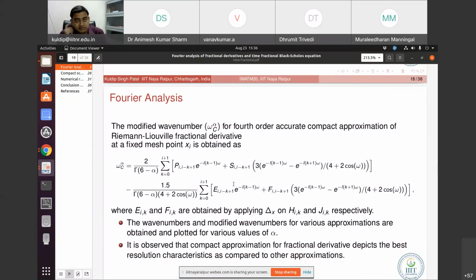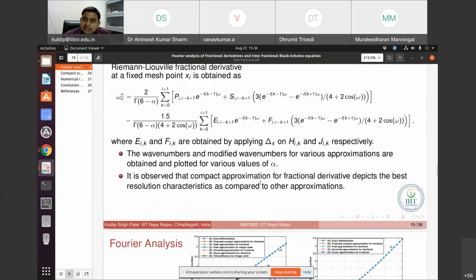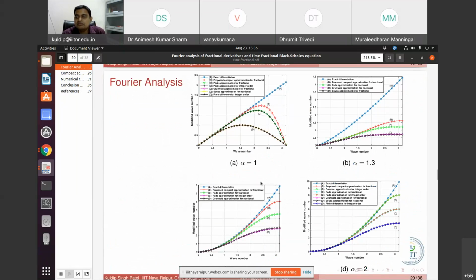We took those approximations and found the modified wave number. The other two approximations we provided are one using Padé approximation and one using that splitting. For all four we calculated the modified wave number and plotted them. This is the figure which tells a lot.